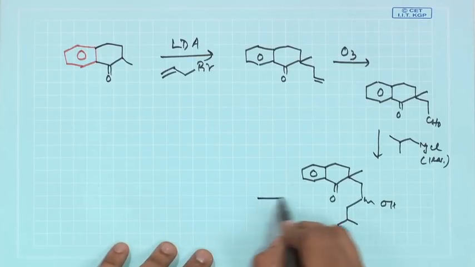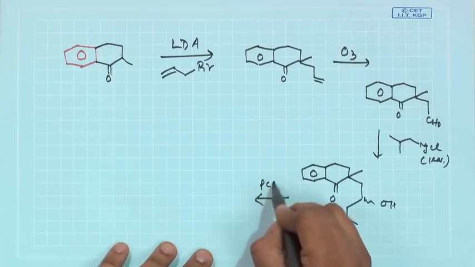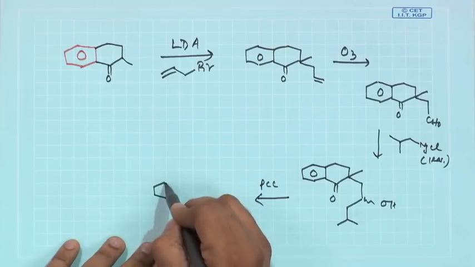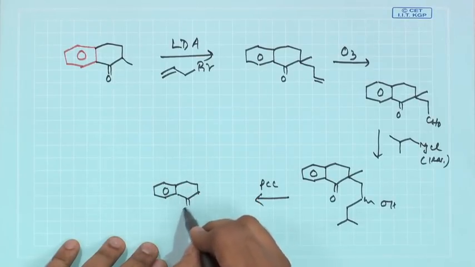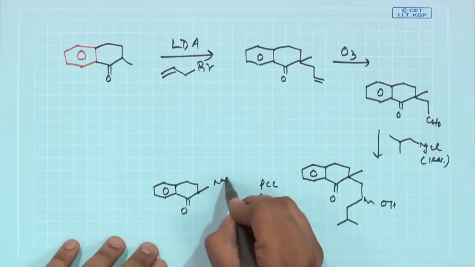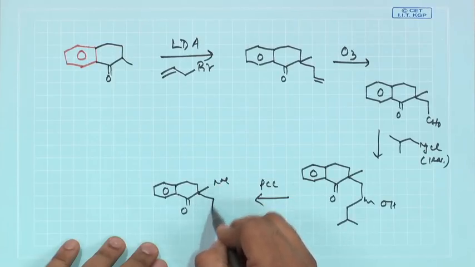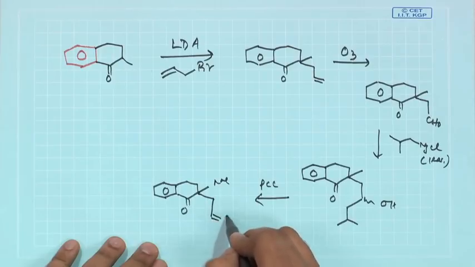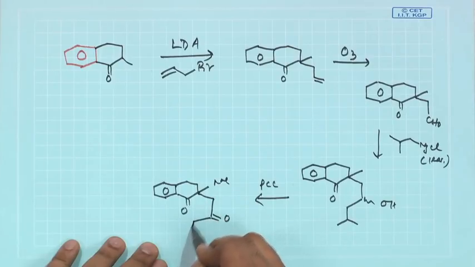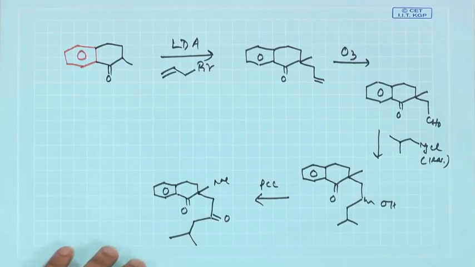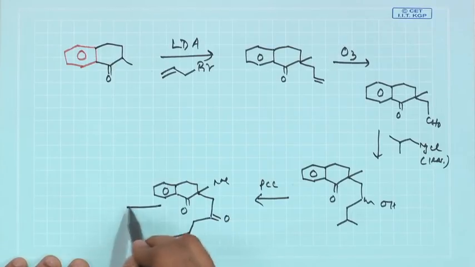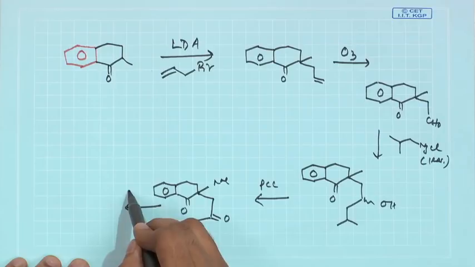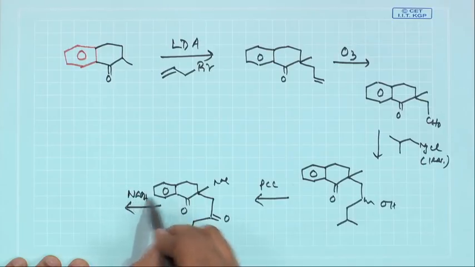It will give you these things. Now, you can do a PCC based oxidation to get this ketone, and now you subject this ketone to a base, normally sodium hydroxide.